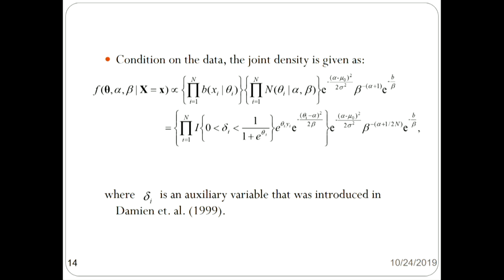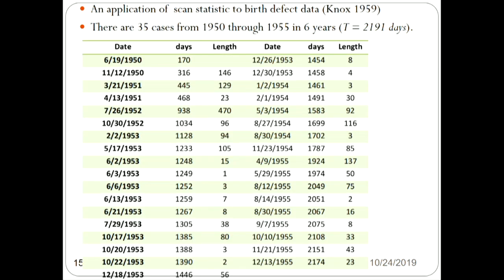Now, I would like to present an example to show how we can use those variable window scan statistics to find clusters. Here is a data set with 35 cases of a birth defect over a 6-year time period, a total of 2,191 days.